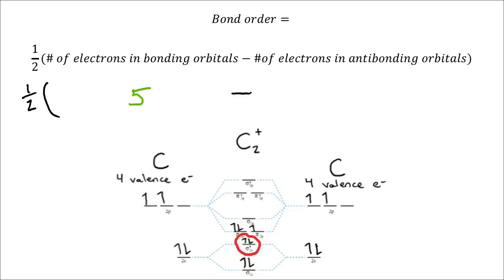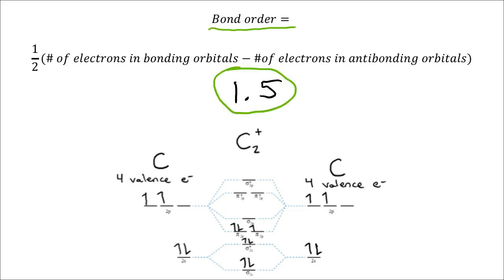Those are the electrons that are in orbitals that have the star or asterisk. Here you can see we have 2. So the bond order is going to be 1/2 times 5 minus 2. That's 1/2 times 3, and so 1.5. So the bond order is 1.5, and these 2 carbons are going to be held together by a 1.5 bond.